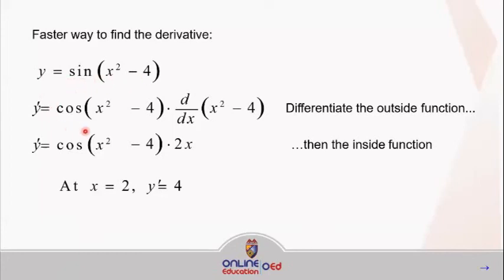So, first derivative natin, we have cosine of x squared minus 4 times d over dx natin, which is itong nasa loob niya. So, derivative nito is equivalent siya sa 2x pag dinerive natin to. Kasi yung x squared is equivalent sa 2x and yung 4 is 0 lang siya. So, we have the cosine of x squared minus 4 times the 2x.